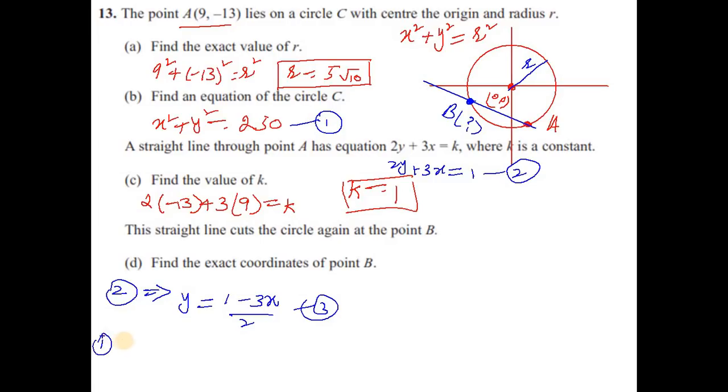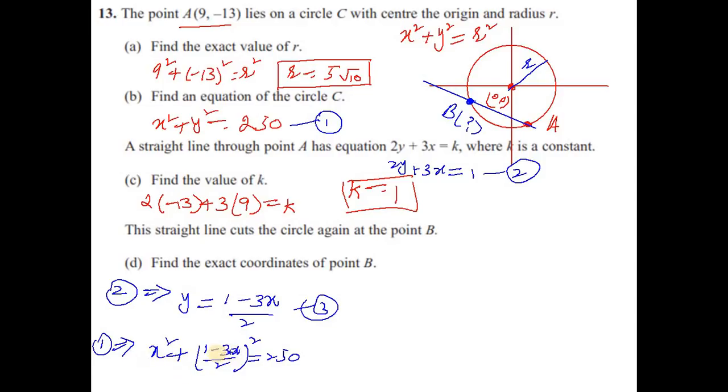So x squared plus ((1 minus 3x) over 2) whole squared is equal to 250. And then you see that you have an algebraic equation only in terms of x.